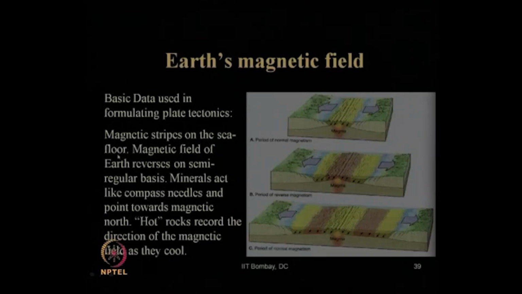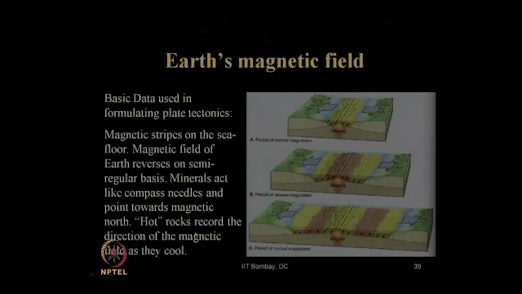It is believed that magnetic strips on the sea floor and the magnetic field on Earth reverse on a semi-regular basis, that is, once it is south pole, another time north pole, and minerals act like compass needles, that is, some minerals get attracted to these different poles or different sides of the magnetic field and point towards the magnetic north.